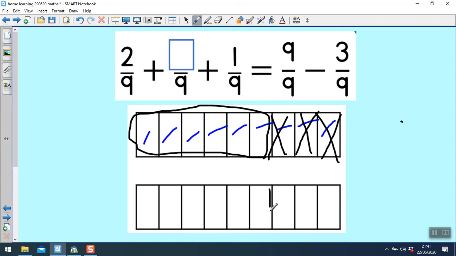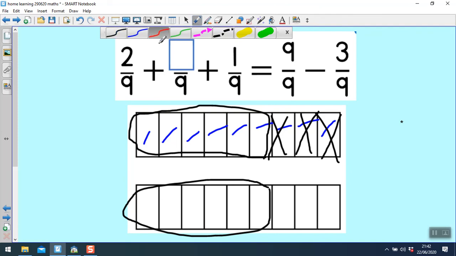And I'm going to mark on here 6/9. So over here I've got 2/9. 1, 2. 2/9 plus how many ninths plus 1/9 equals my 6/9. So there's my 1/9. So 2/9 plus 1/9 plus how many ninths equals my 6/9.